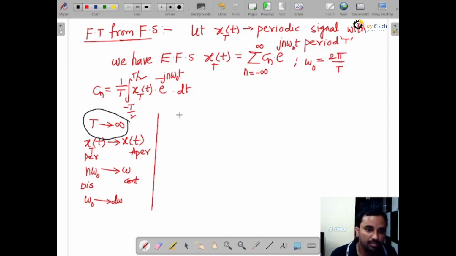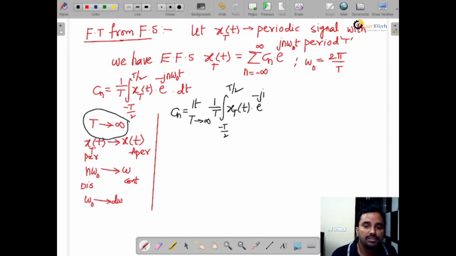So Cn is equal to, first we take the limit T tends to infinity, 1 by T integral minus T by 2 to plus T by 2 xT of t into e to the power minus j n omega naught t dt.